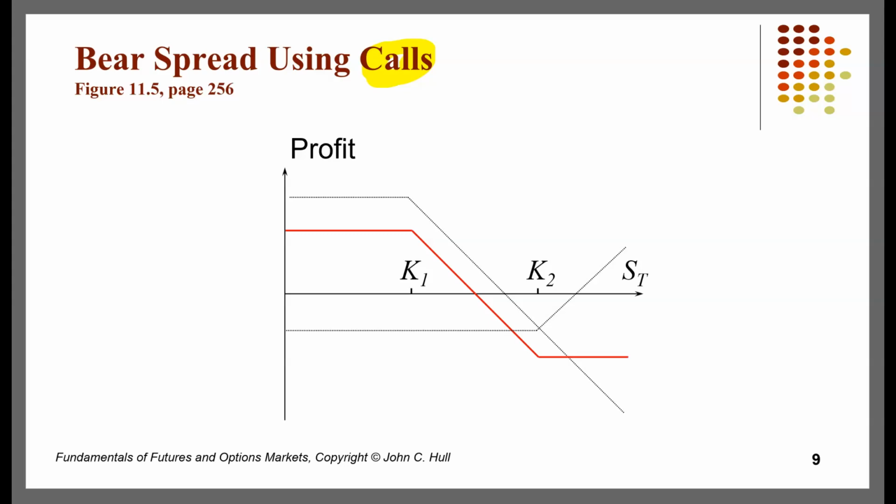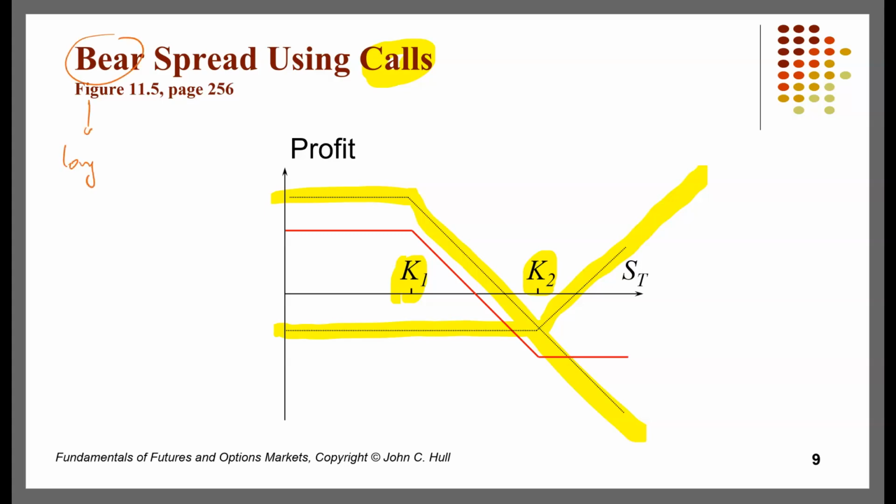If we're looking at the bear call, the long call, which is that shape, has a higher strike of K2, and our short call, which is this here, is going to have the lower strike price. So when you're bear, the long is going to have the high strike and the short is going to have the low strike.